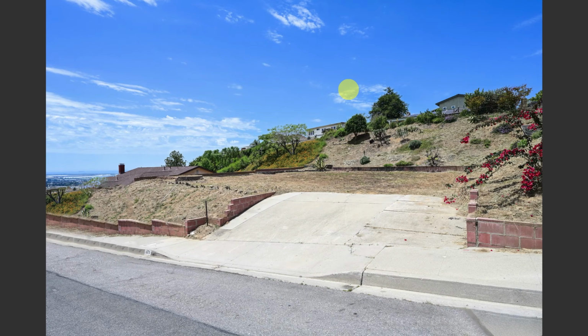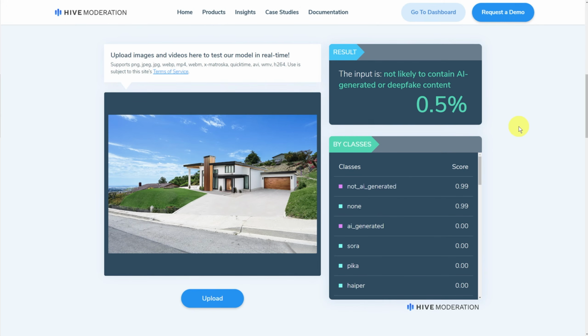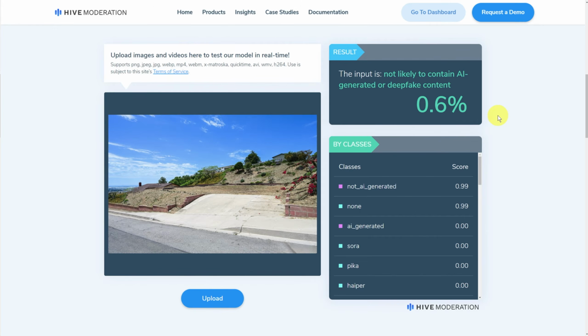So if I take a look at these two images, just the bare lot and also this over in Hive Moderation, this is where it gets a little scary because it's not 0, but it's close to it. But look at this. When we take a look at just the lot, it thought that it was actually a better chance of being AI. Now, who knows why that detected it?